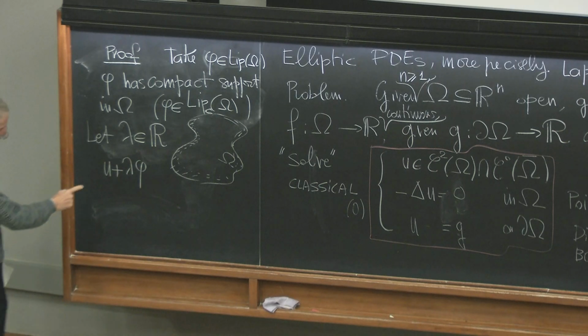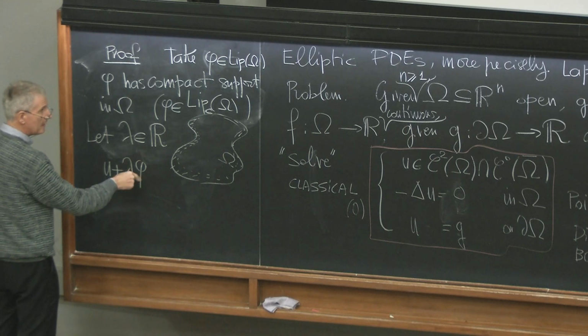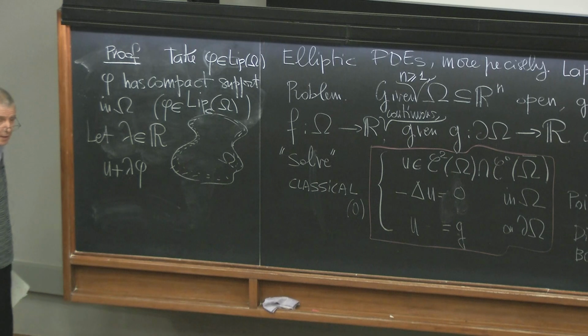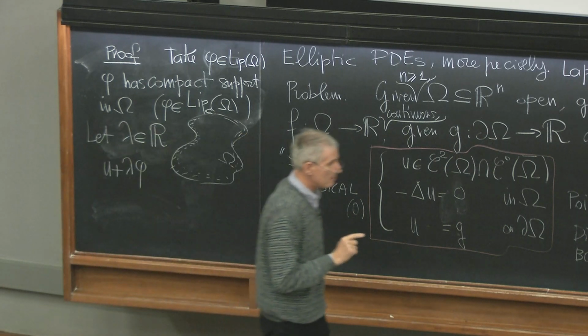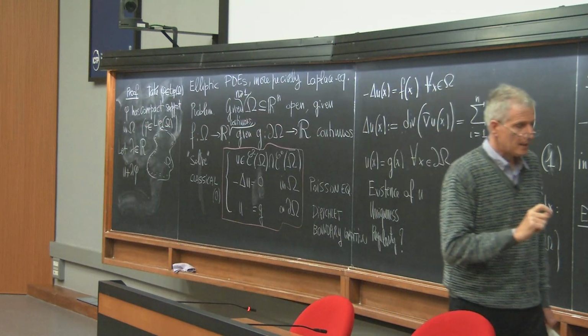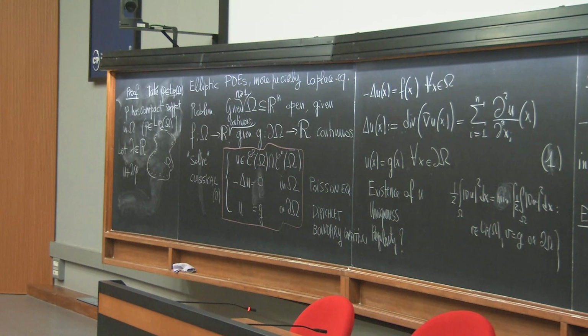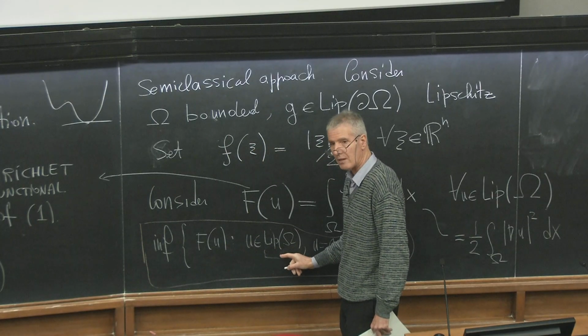So I take u and add the real number lambda times some fixed function phi, with careful attention that phi must be Lipschitz, so phi must be in this class here. And phi must be 0 on the boundary.